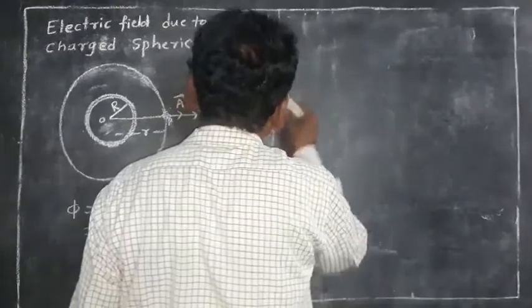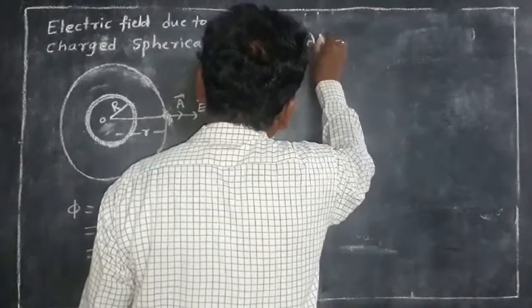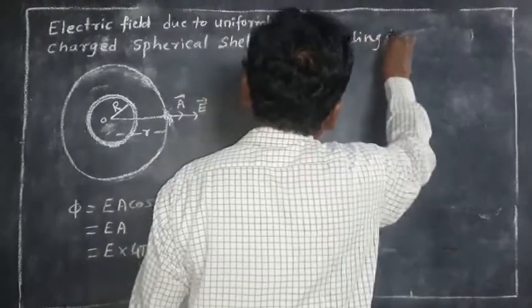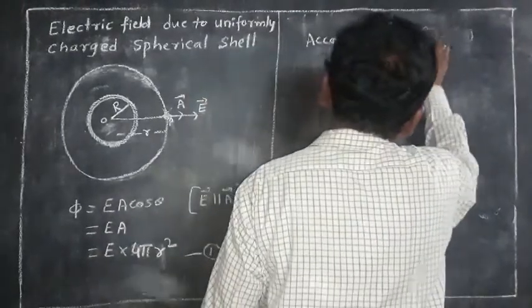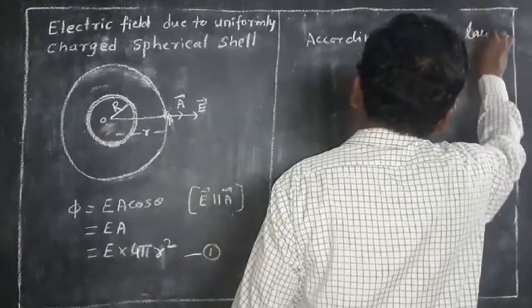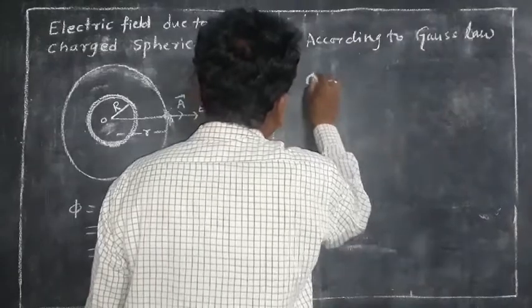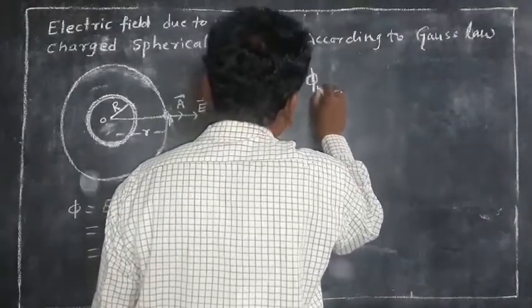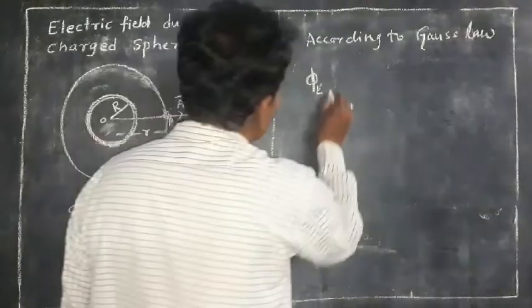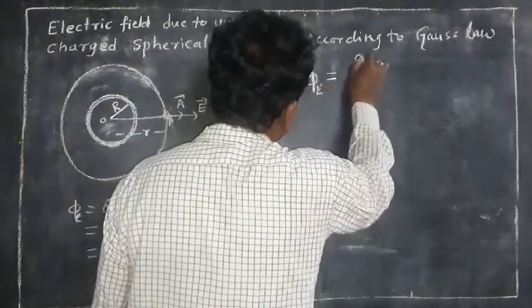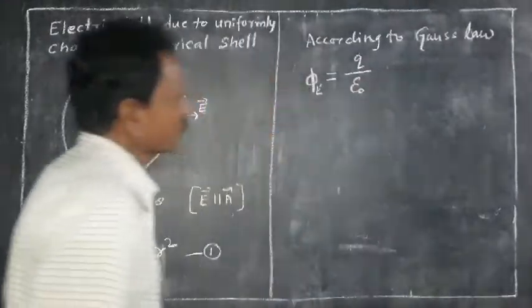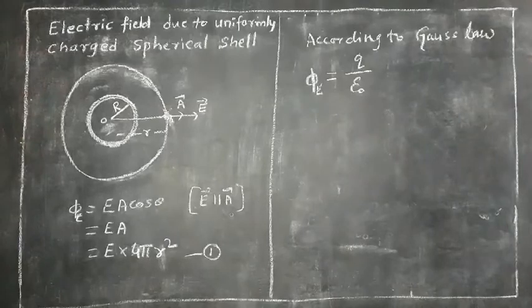Now applying Gauss law, according to Gauss law, total flux phi E is equal to Q upon epsilon naught.